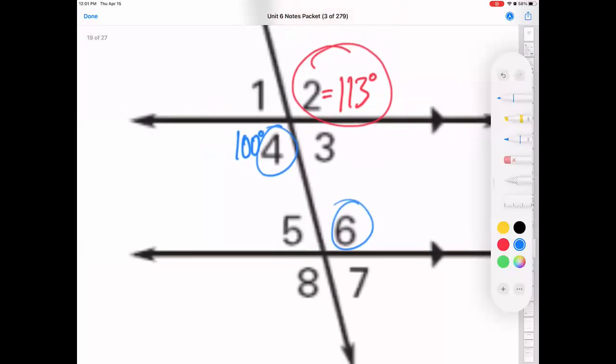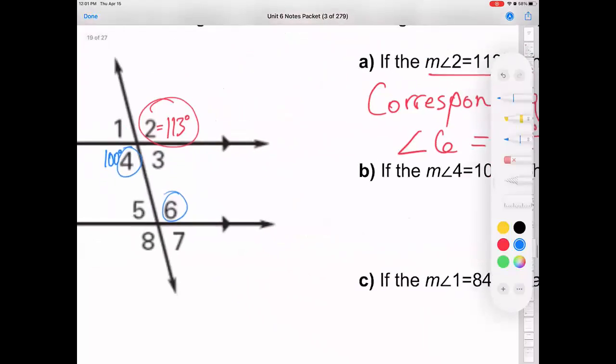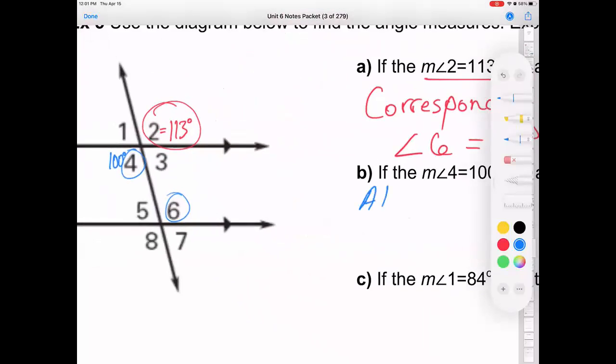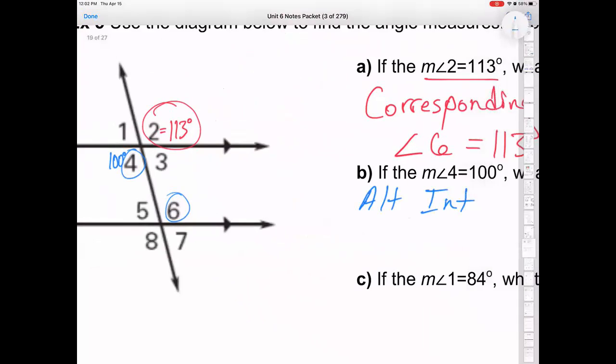Angle 4 and angle 6 are alternate interior angles. Alternate interior angles are always congruent, so they're going to be the exact same angle measure. Angle 6 is the same as angle 4, which is 100 degrees.